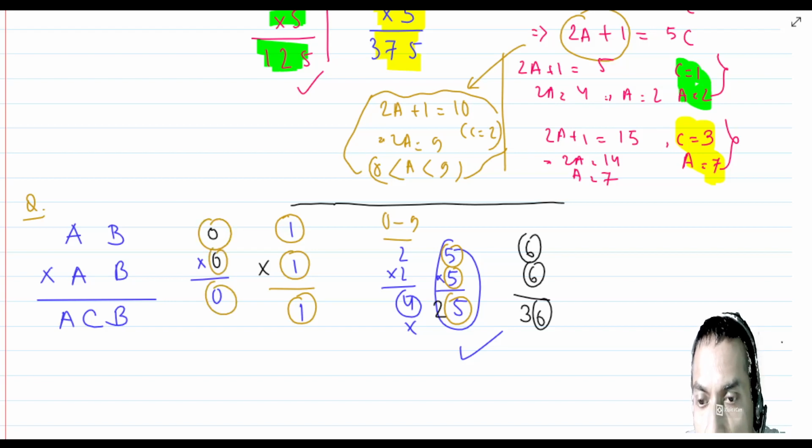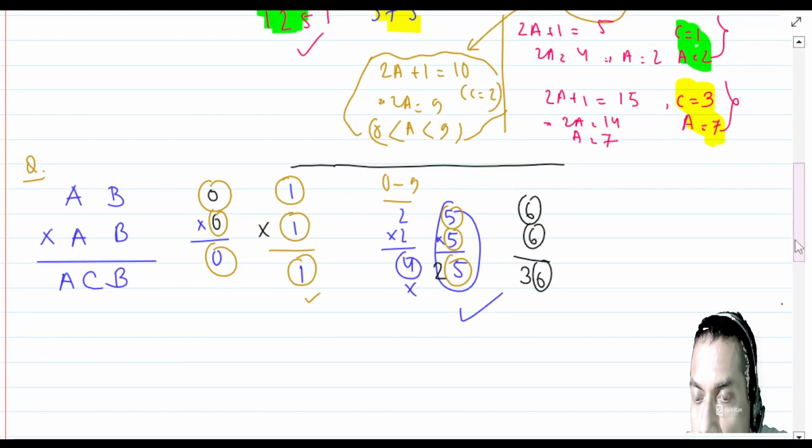Let's consider the second one, because I already told you this is the trial and error method. So better if we choose the correct value or nearest correct value, then we get the fast answer. We don't know what will be the answer, because there are 4 possibilities.